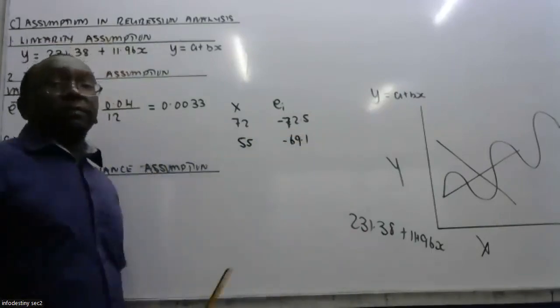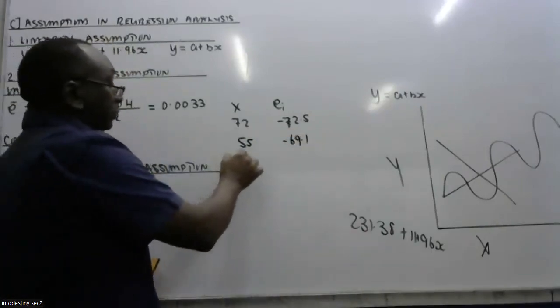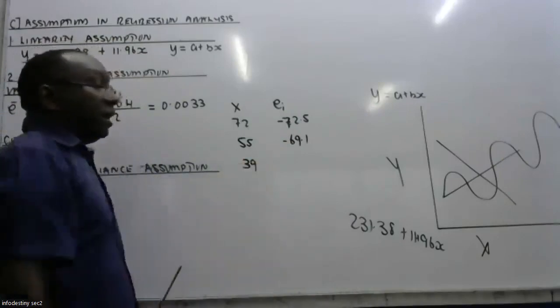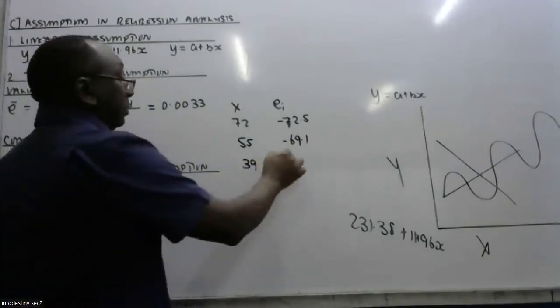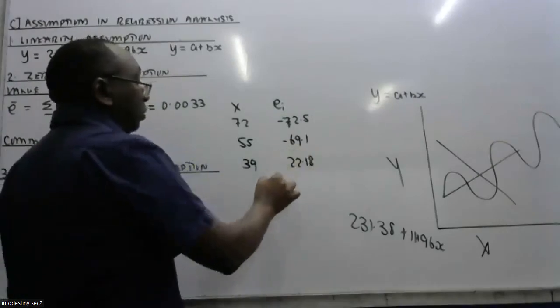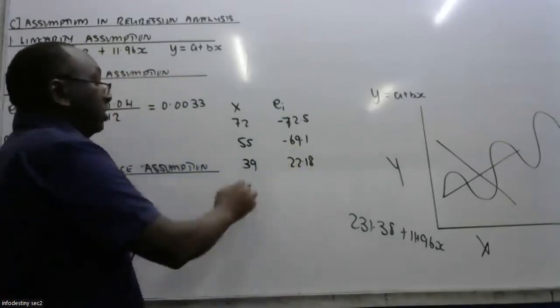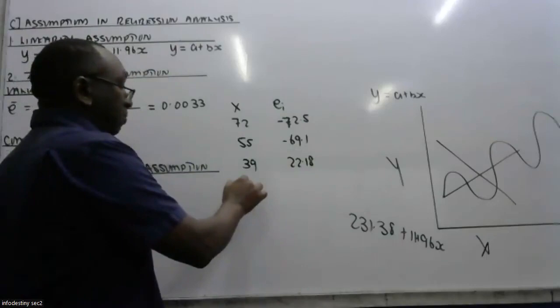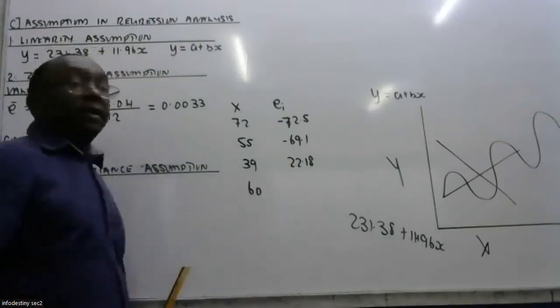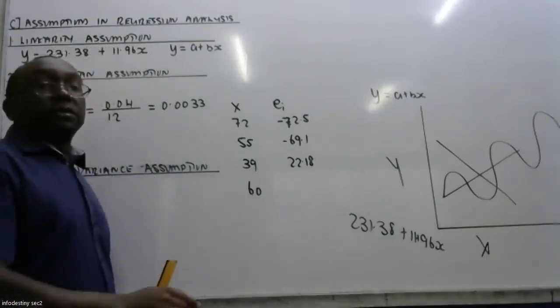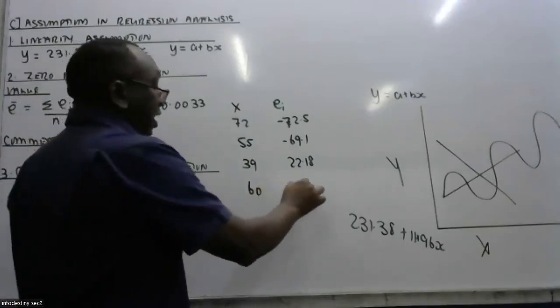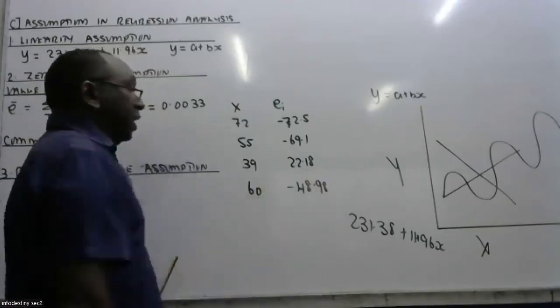The third value, 39, the error, 22.18, positive. The fourth value, 60, the error, negative 48.98.